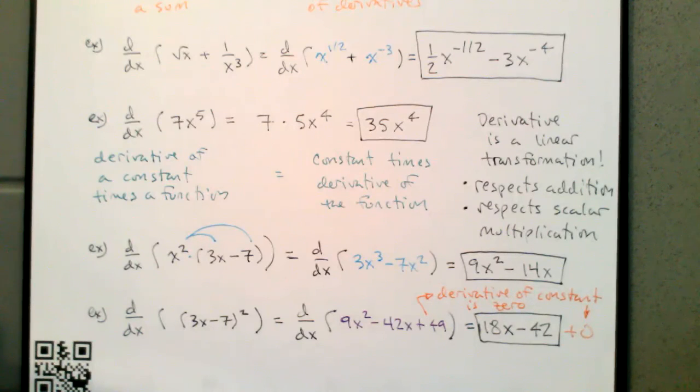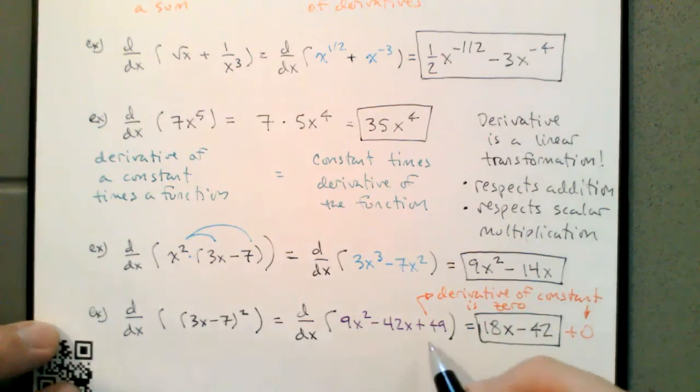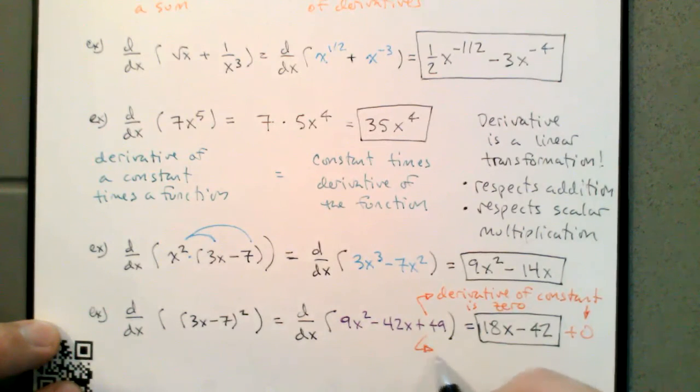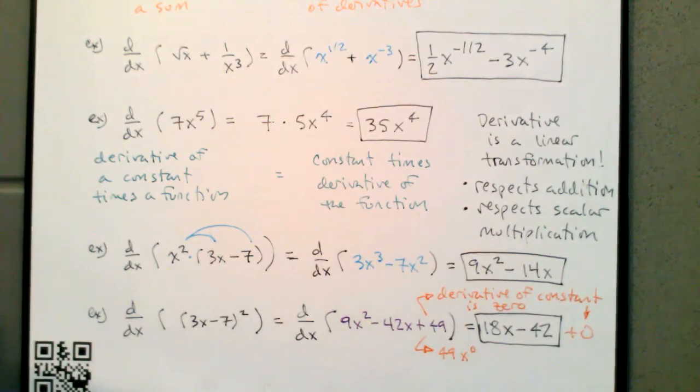This makes sense because I can read 49 as 49x to the 0 power. So I multiply by the exponent and then subtract 1 from the exponent. It'll be 0x to the negative 1, and that'll just be 0. Any questions?